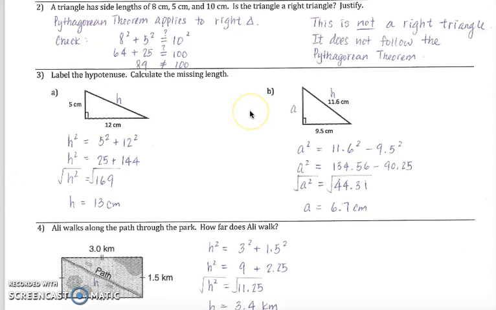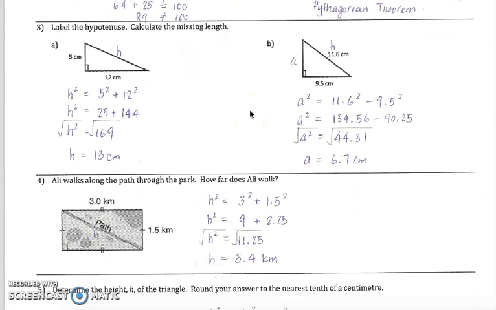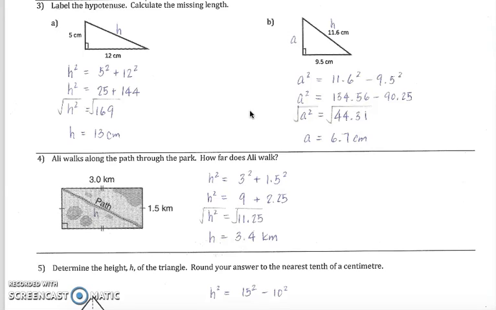Having mentioned the Pythagorean theorem, remember that we can use the Pythagorean theorem only in right triangles to find one missing length. If we are looking for the longest side, which is across from the right angle, or the hypotenuse, that's what it's called, then we will use this version of the Pythagorean theorem.